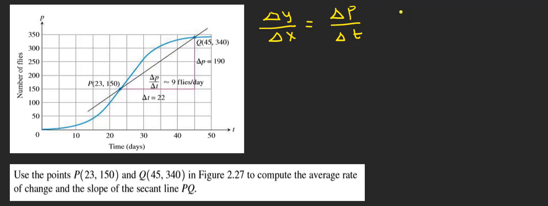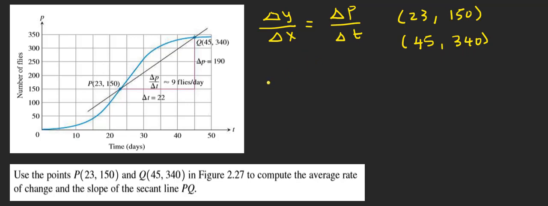So now you have 2 points, 23 comma 150 and 45 comma 340, which means that on day 23 there were 150 flies, and on day 45 there were 340 flies. So what is the average rate of change?